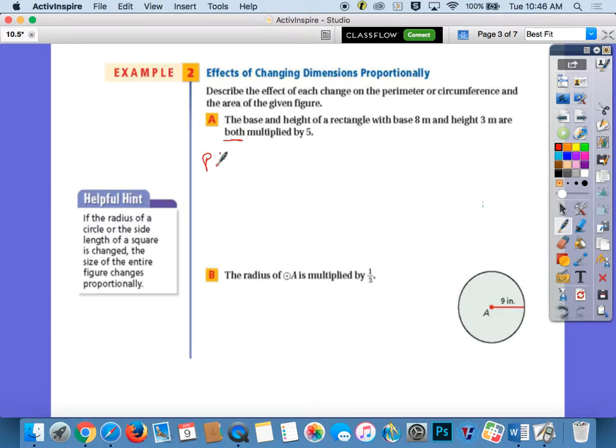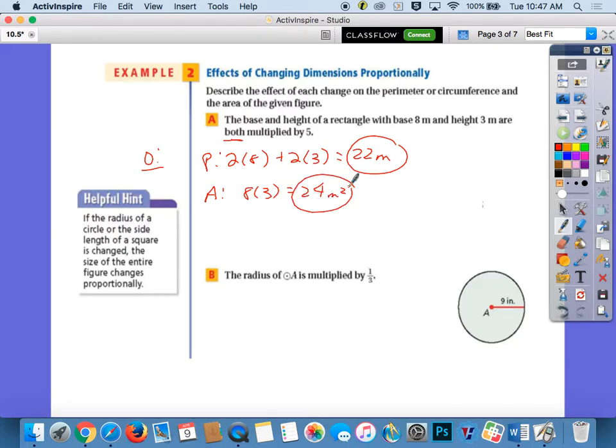So for my perimeter, for my original, we'll do O for original. 2 times 8 plus 2 times 3 is going to give me 16 plus 6, which is going to be 22 meters. And then my area for my original, of course, is going to be my base times my height. So I end up doing 8 times 3, and I get 24 meters squared.